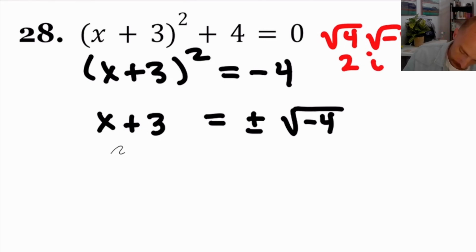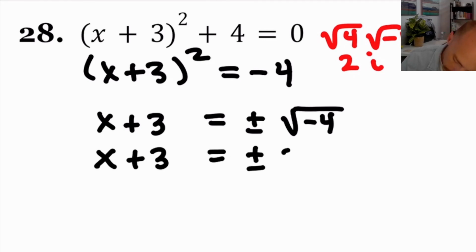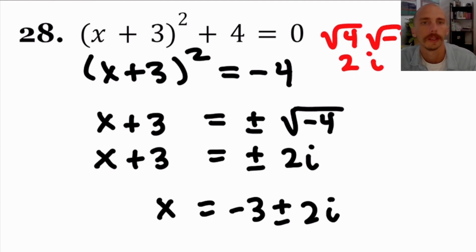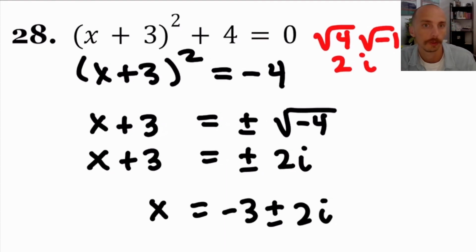And then I'll say, okay, x plus 3 equals plus or minus 2i. And then I can subtract 3 from both sides and say x equals negative 3 plus or minus 2i. Didn't realize you could see that.